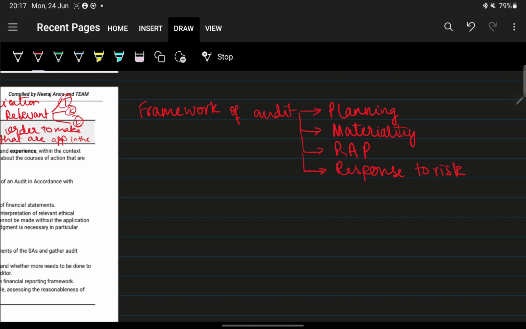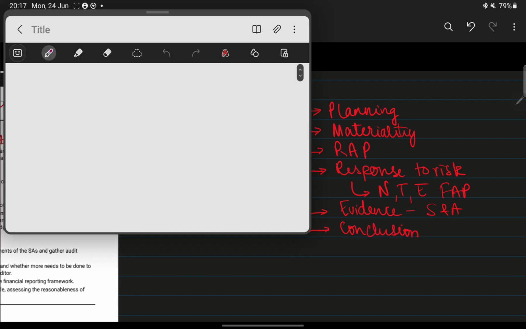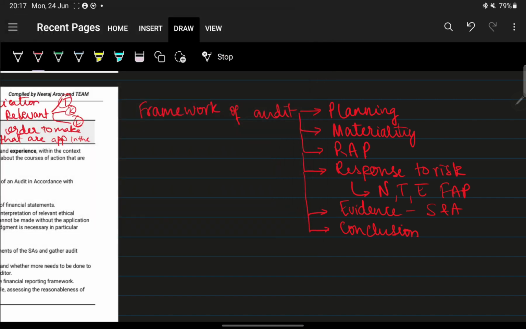What is the response to the risk? Basically, the nature, timing, and extent of further audit procedures. Okay, and then when it comes to determining whether the evidence that is collected is sufficient and appropriate, and lastly, while obviously reaching a conclusion, right, he will have to use his professional judgment.